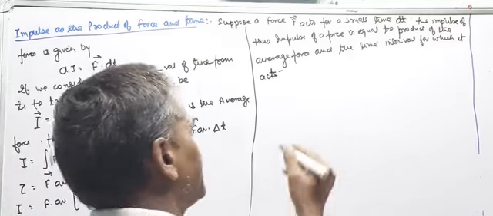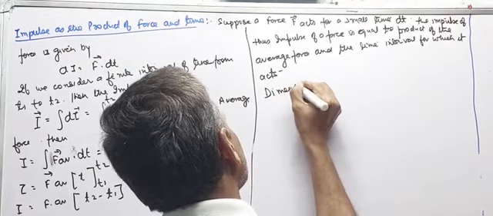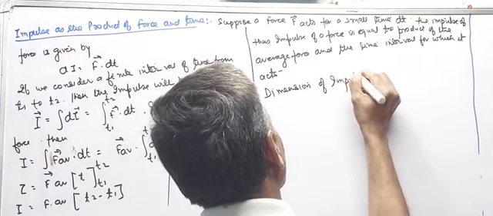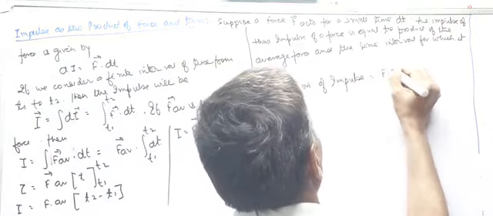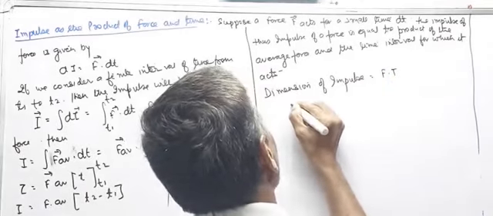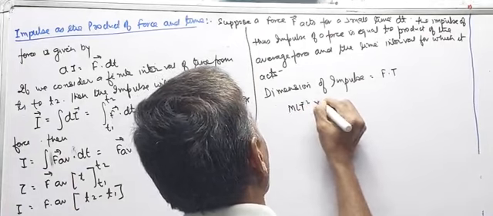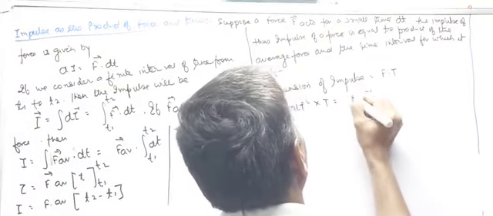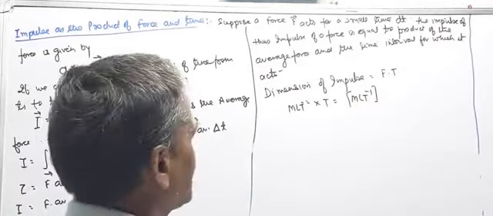Dimension of impulse: impulse is F into t, and dimension of F equal to M L T minus 2, so into T, that is M L T minus 1.